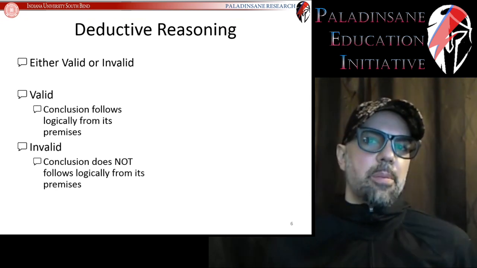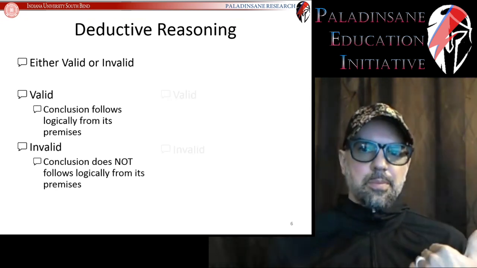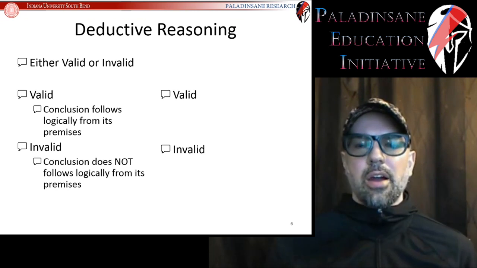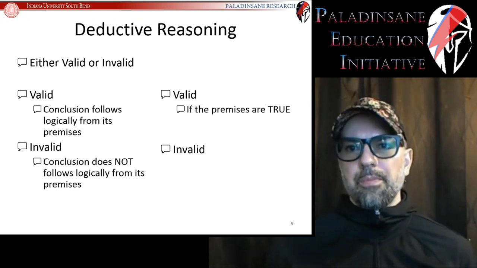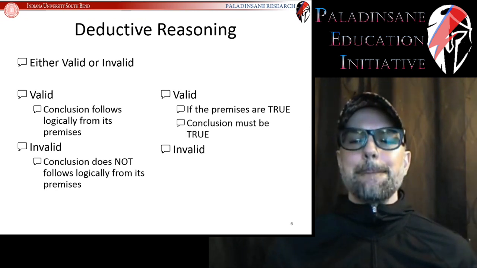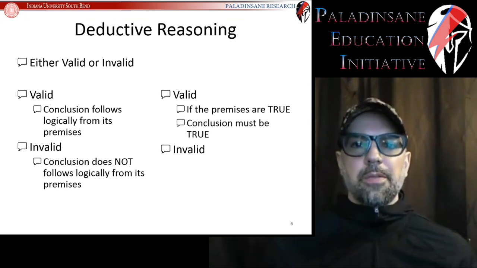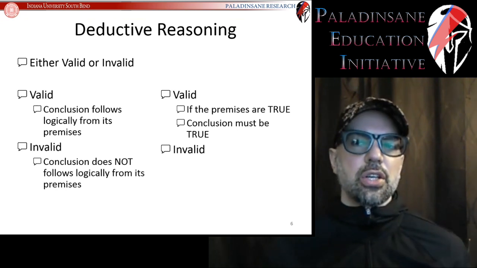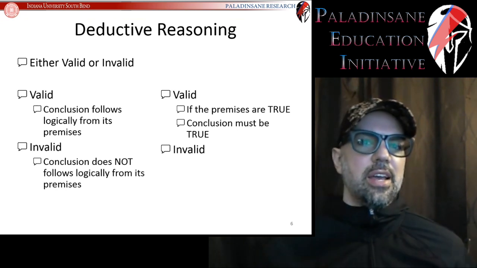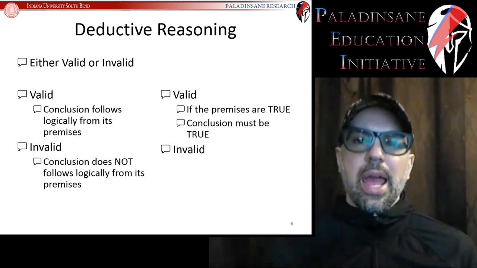Now, it might help us to think about this in a different way, and that way is this. The valid arguments have the characteristic that if the premises are true, then the conclusion must be true. So if you accept the premises as true, that locks in the conclusion. The conclusion is guaranteed. It's 100% going to happen.